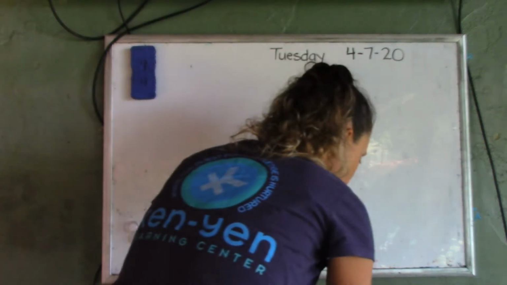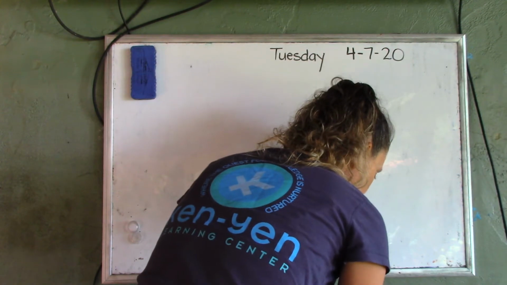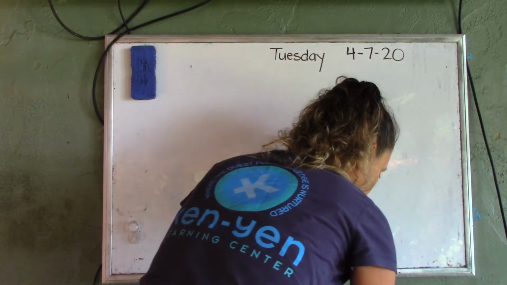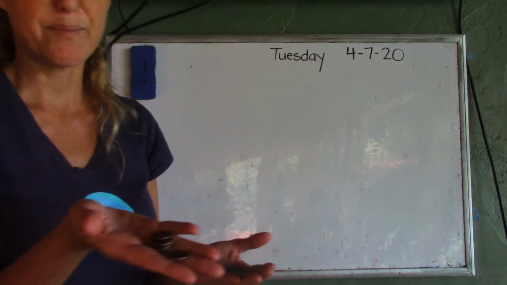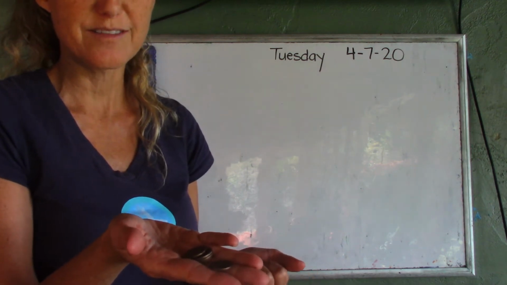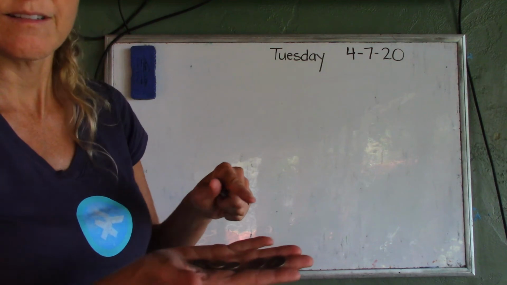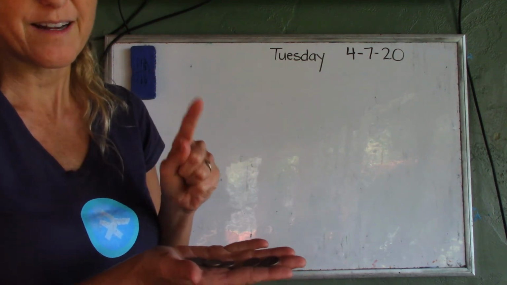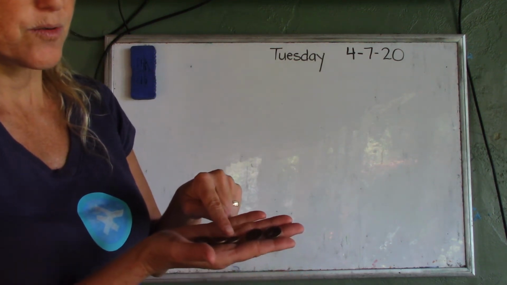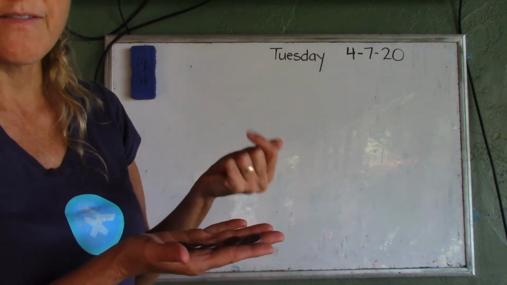And if I want to add on, I also have these copper-looking things, which are called pennies. Pennies are worth how much? Pennies are worth 1, right? So I have 1, 2, 3, 4, 5 pennies.